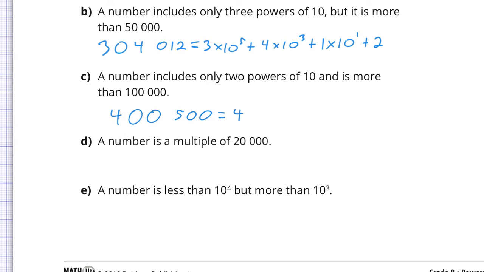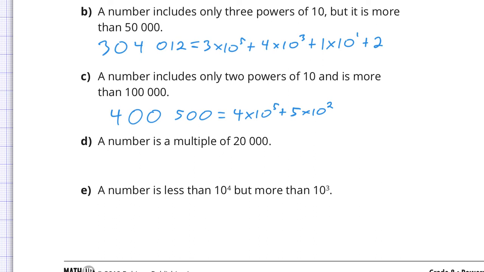So first I've got 4 times 10 to the power of 5 plus 5 times 10 to the power of 2. And that's it. I don't have any ones. I don't have any values. All I need to look at is the ones that have value. So I can just use 2 powers of 10 in order to figure out this one.